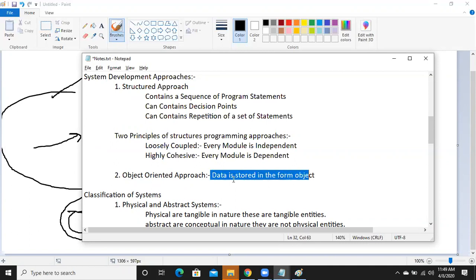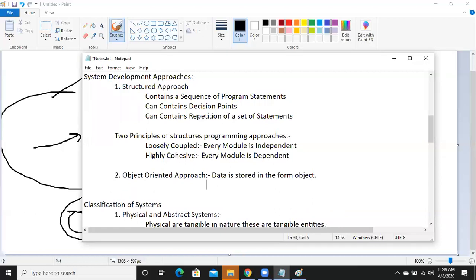So data is stored in the form of objects. Now, we have various properties of the object-oriented approach. We can say that the properties are inheritance, abstraction, which is the property that brings security in this approach, and encapsulation.